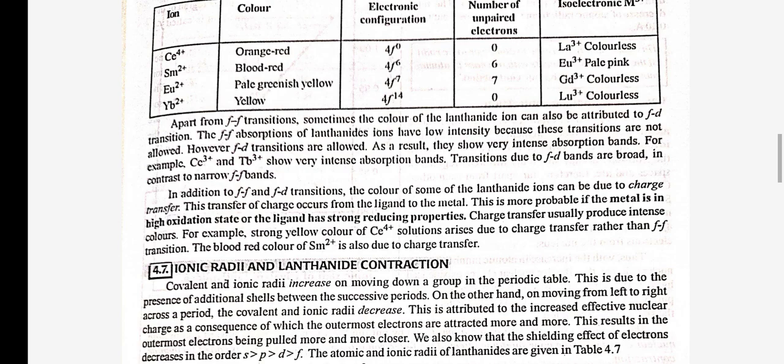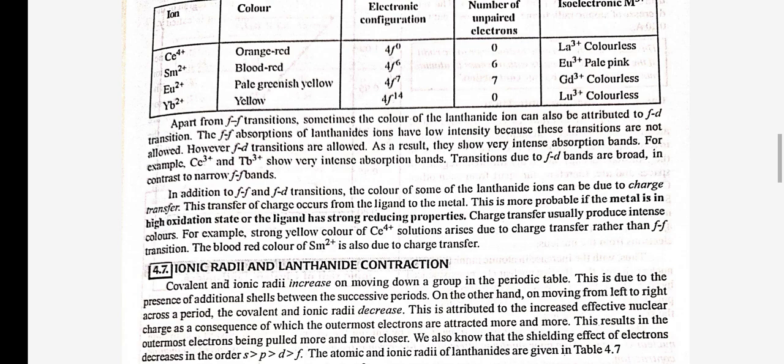However, f-d transitions are allowed. As a result, they show very intense absorption bands. For example, Ce3+ and Tb3+ show very intense absorption bands. Transitions due to f-d bands are broadened in contrast to narrow f-f bands.